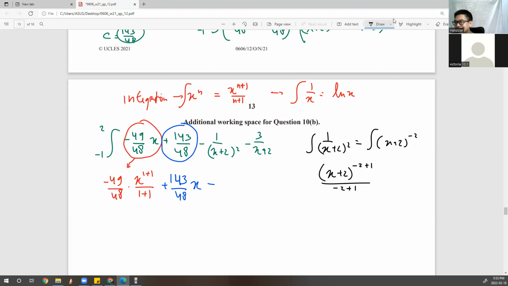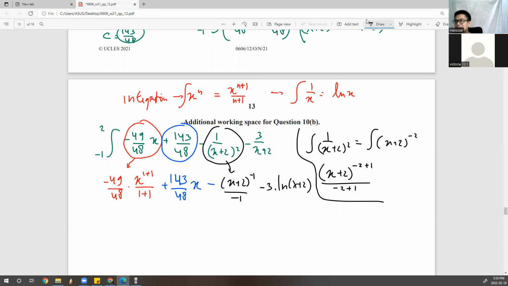That's all. That's it. No other way. So x plus 2 power negative 1 over negative 1. Let it be. And then one more. Done. This is done, right? And if you don't have the power here, just ln. So minus 3 times ln of x plus 2, because 1 over x is ln x. So 1 over x plus 2 gives ln of x plus 2 itself. Okay, that's all.